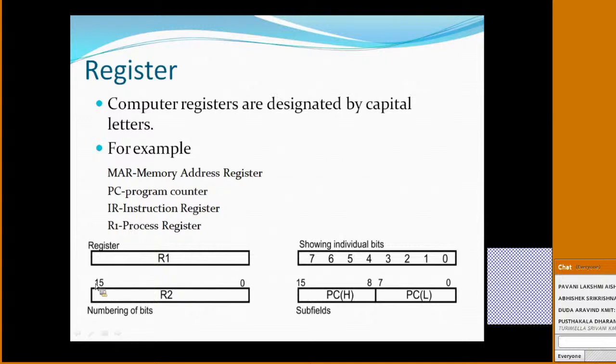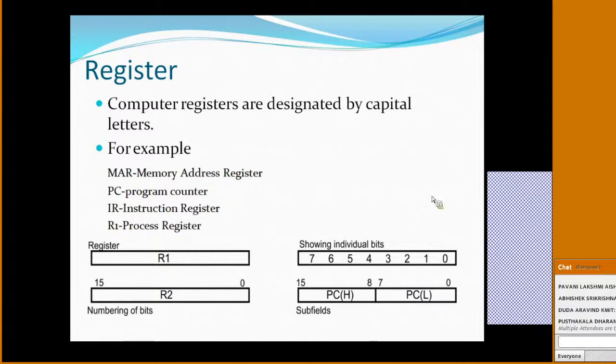From the right hand side to the left, the register diagram shows the bits of a register separately.